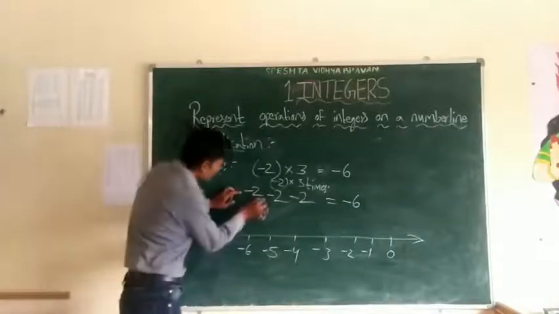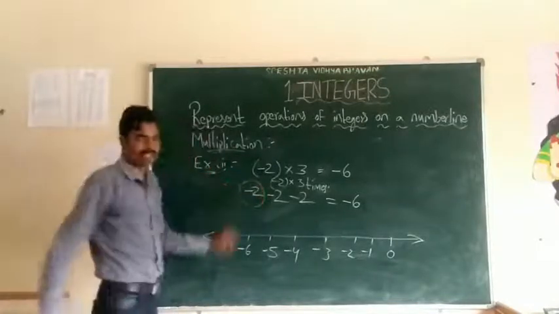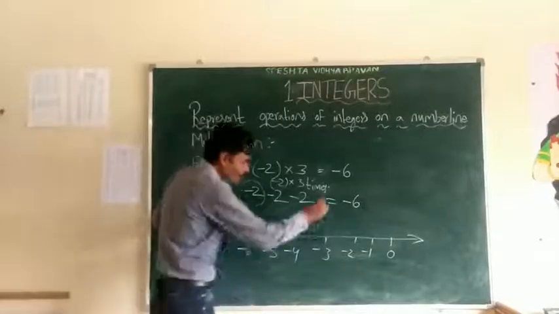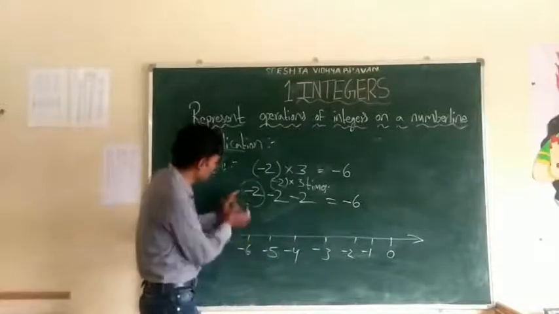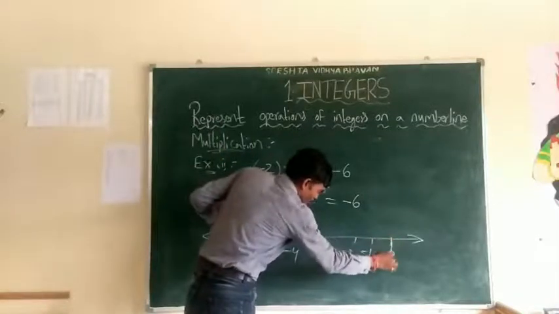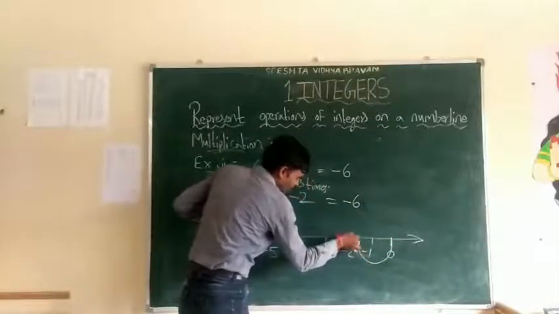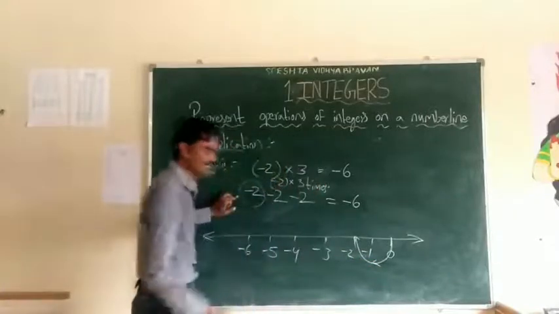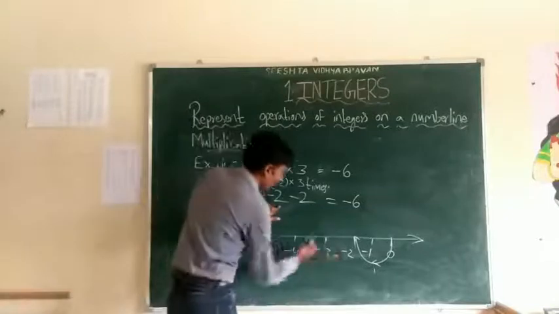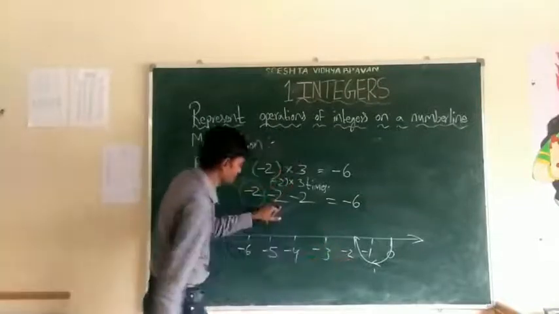Now the first one, what is the number here? Minus 2. Minus 2 means where is it? In the backward direction. It is minus, that's why we write it in the backward direction, negative, like this. It is minus 2 one time, and the next second time minus 2.